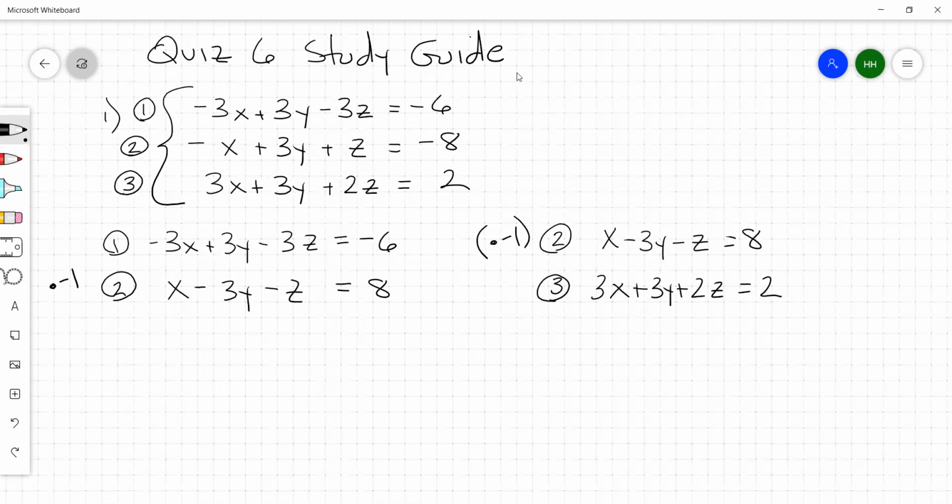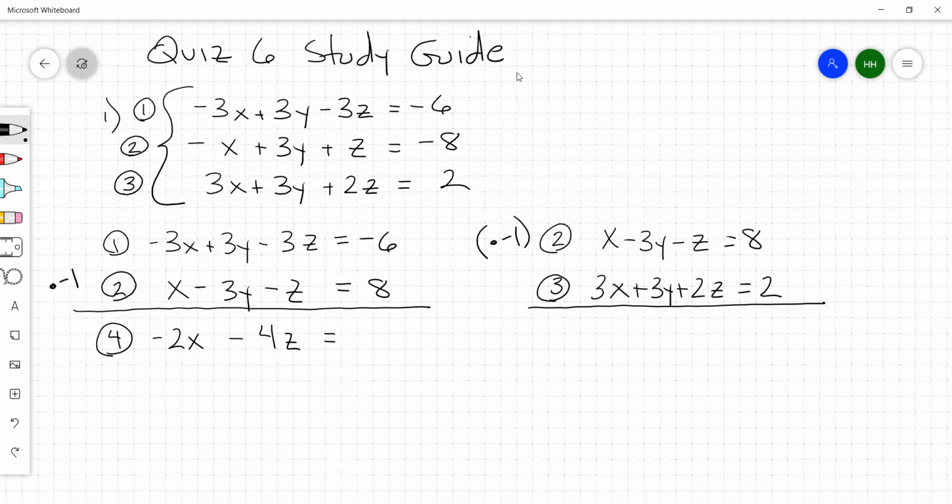So remember, after this step, when I create equation 4 and equation 5, equations 4 and 5 need to have the same 2 variables. So equation 4, -3x plus x is -2x. 3y's go away. -3z minus z, that's -4z.